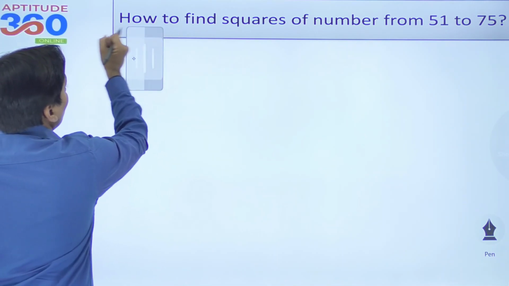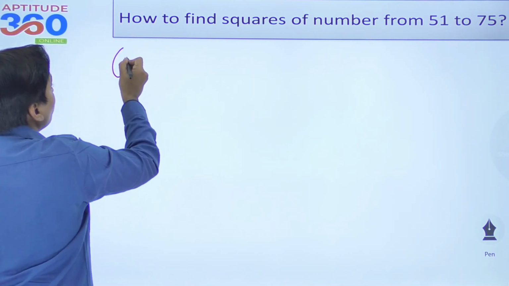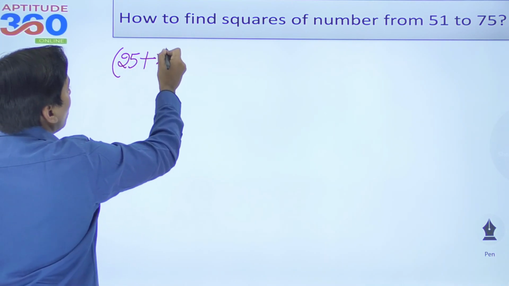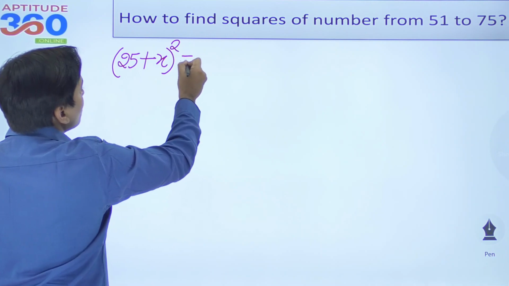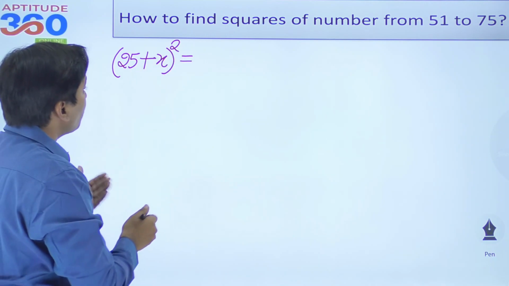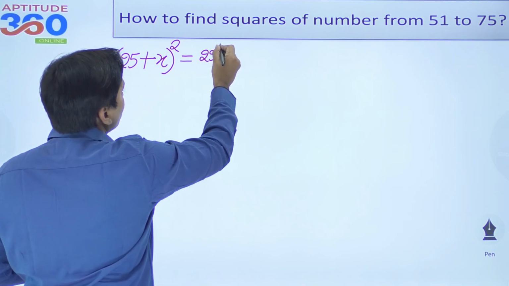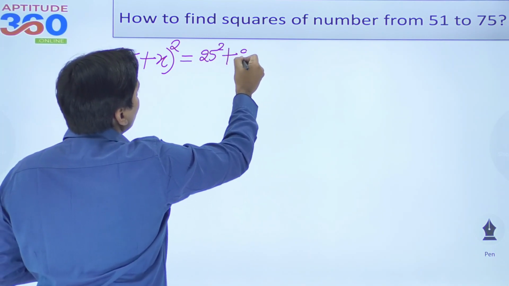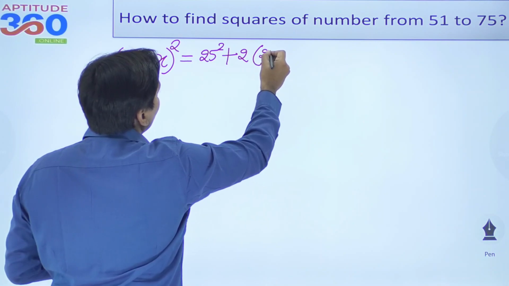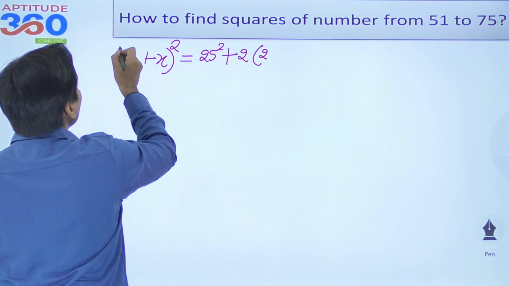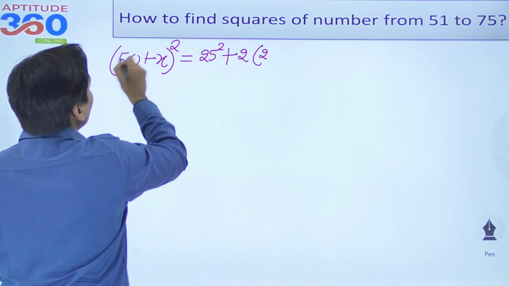When we were finding out there, we were doing 25 negative x whole square. Now, what we are going to do is, this will be 25 plus x whole square. So this will be 25 square plus 2 times of, oh no, this is not 25. It's my bad. I'm so sorry. This has to be 50.